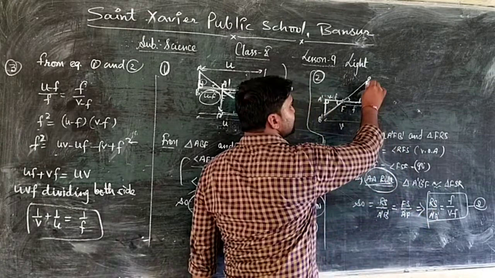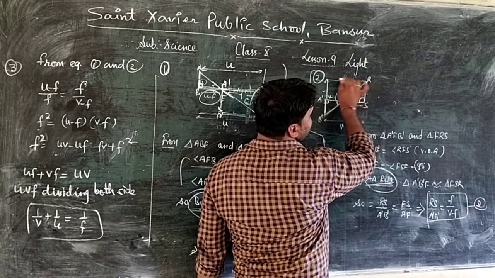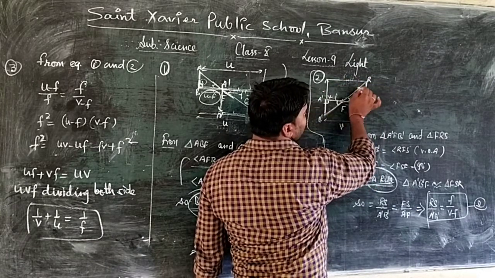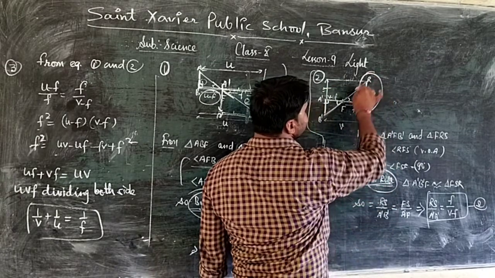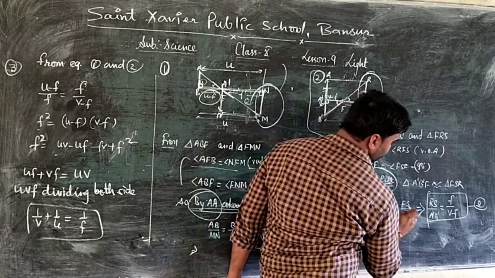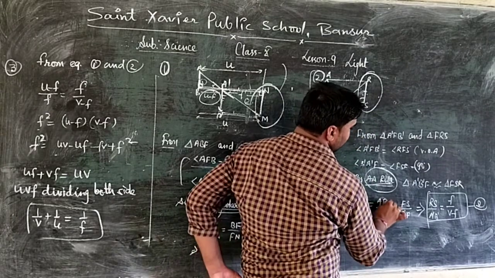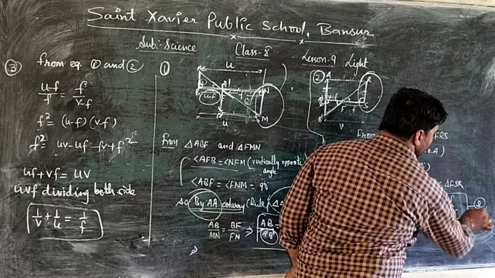Here we have the object in front of this RS. When this ray is striking, this is parallel, which means this side and this side will be equal. So in place of this RS I can write AB. Now this is the second equation.